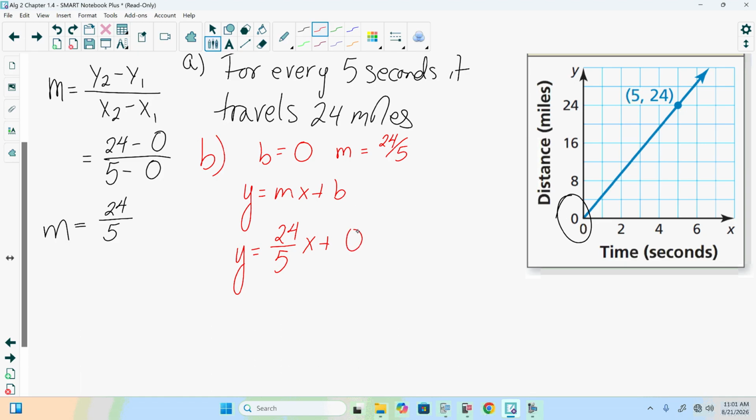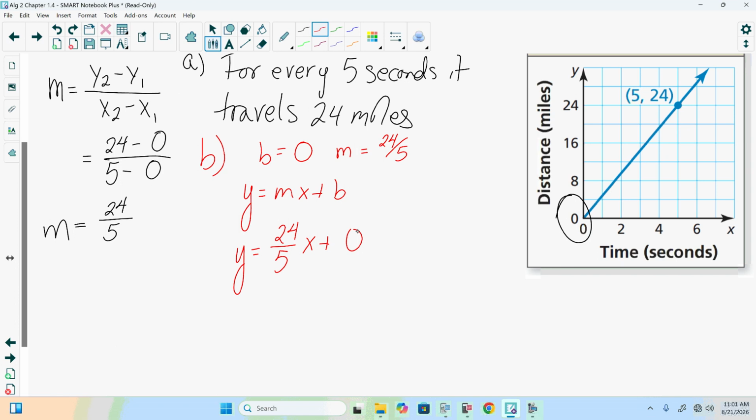So we'll plug 24 fifths in for m and 0 in for b. Do we need the plus 0?